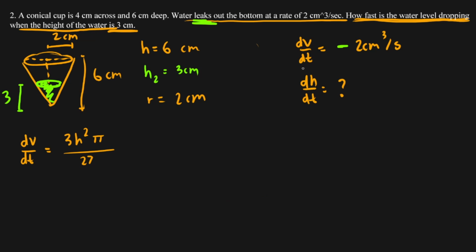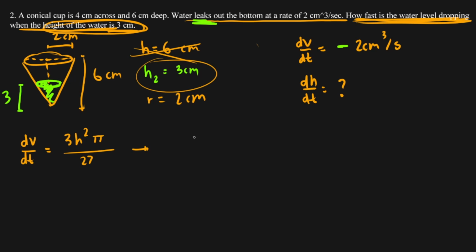And we're trying to find how fast the water level is dropping when the height of the water is 3 centimeters. So for height, we're not going to plug in 6, we're going to plug in 3. Oh wait, also, if you take the derivative of this, there should be a dh/dt here. This is what we're solving for. Can't believe I forgot that.